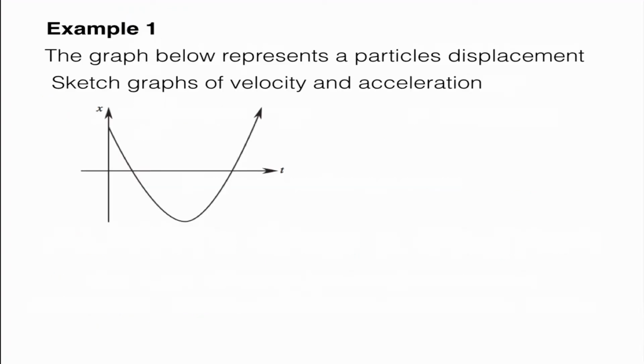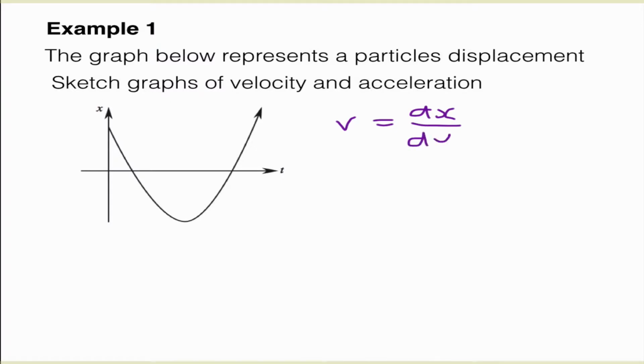Okay, so a typical thing we might be asked to do is, given a graph of displacement of a particle, to start thinking about what a velocity graph might look like. So remembering that velocity is dx/dt, effectively this is our function x in terms of t, and we're looking to see what a velocity graph might look like. We can see that at the turning point down the bottom here, dx/dt will be 0.